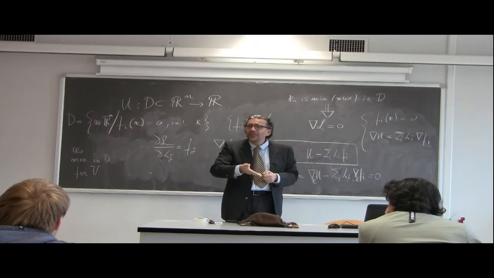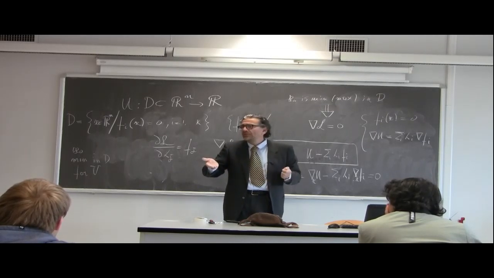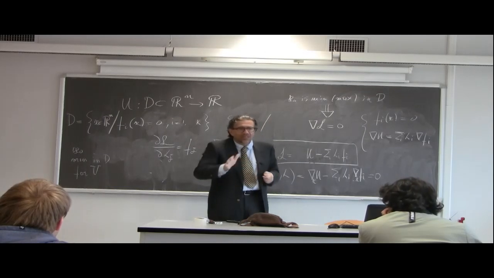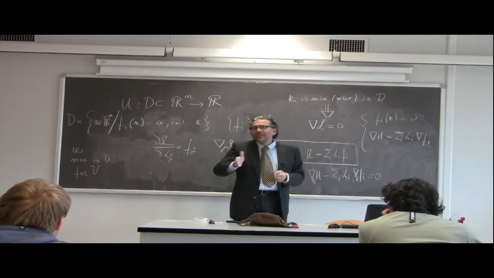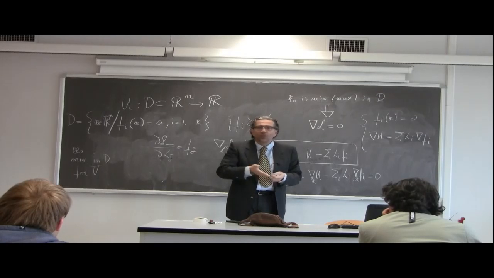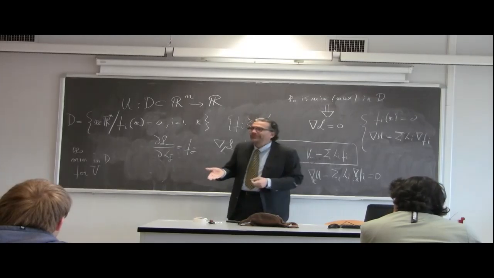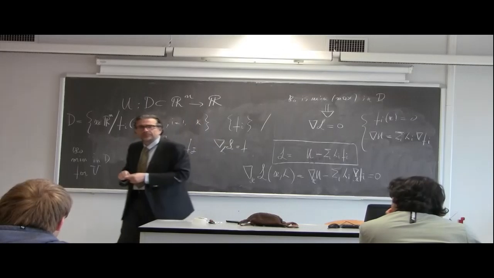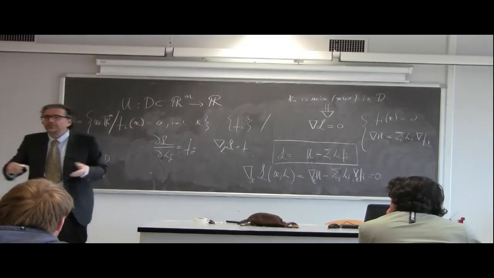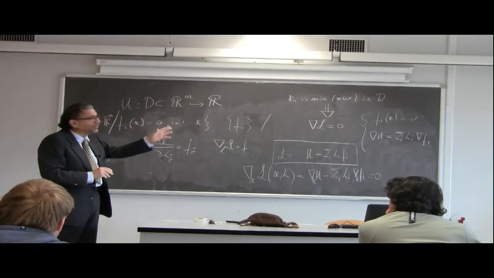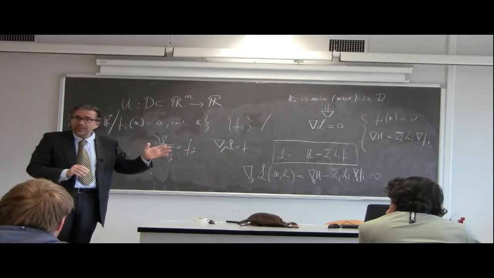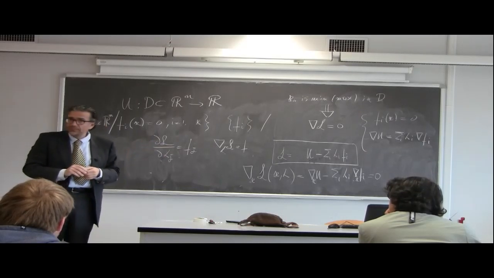And we have exactly n plus k equations. This is good news. The bad news is that these equations are nonlinear, so we can have a lot of trouble in finding their solutions.